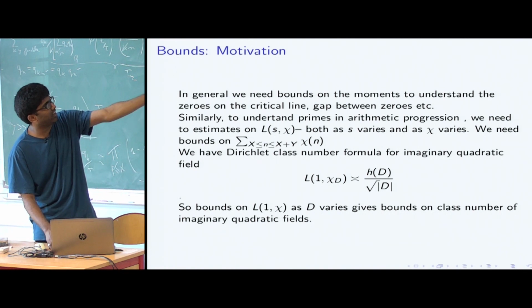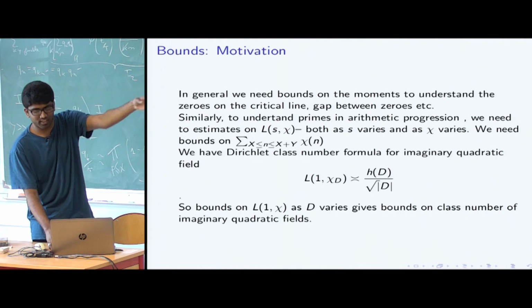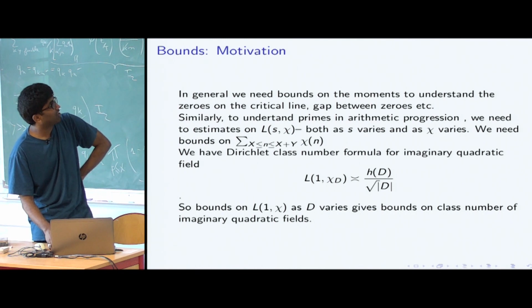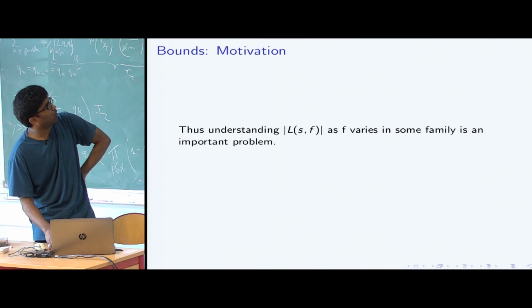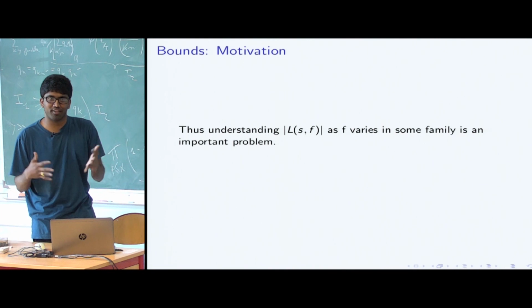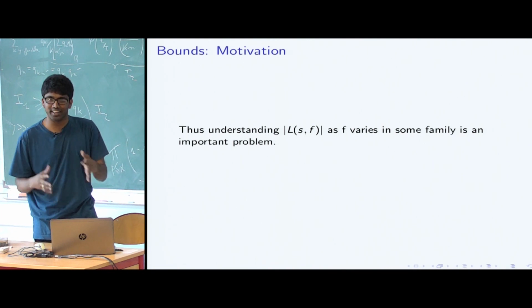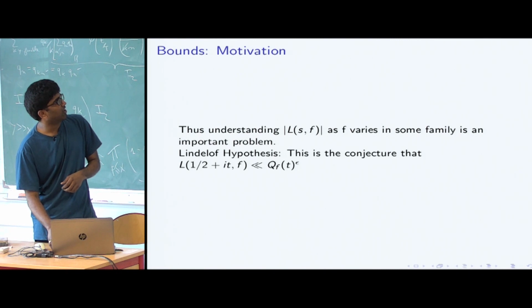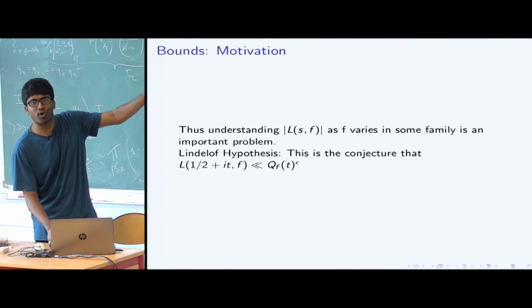So bounding these L values transforms to bounding the class number. Bounding these L-functions for different chi and in different families is a very interesting problem, related to different arithmetic problems.